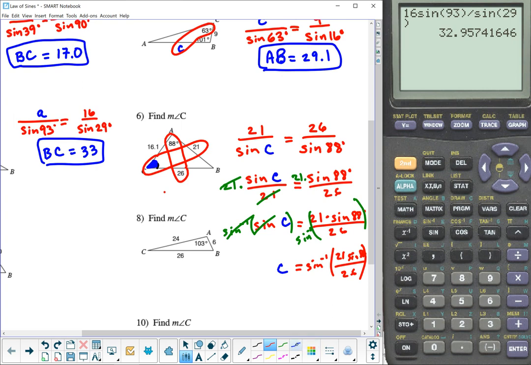Okay, I know it's a little sloppy there, but I will end up with C equals, and then that's what I need to put into my calculator. So sine inverse 21 sine 88, close that off, divided by 26, close that off. Okay, that's going to give me 53.8 as rounded up.